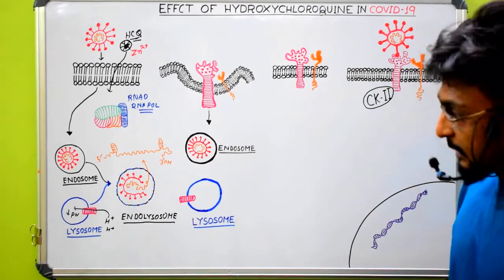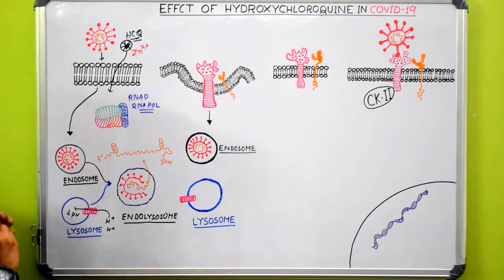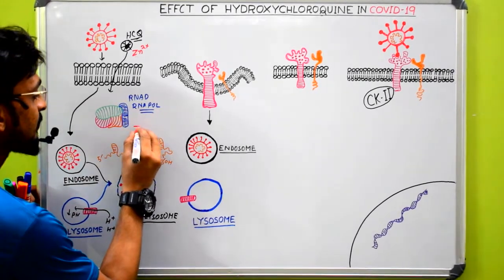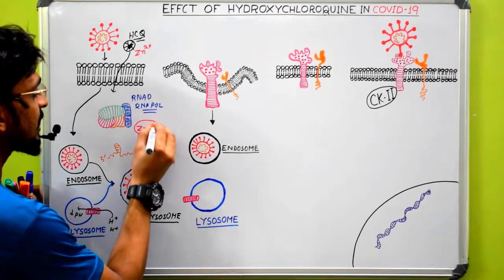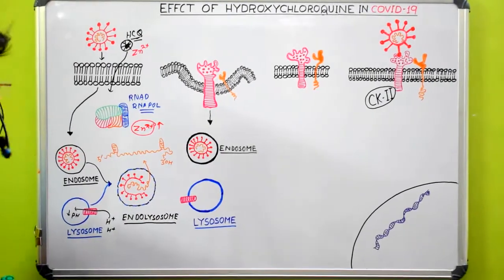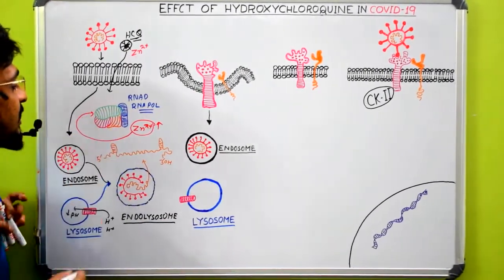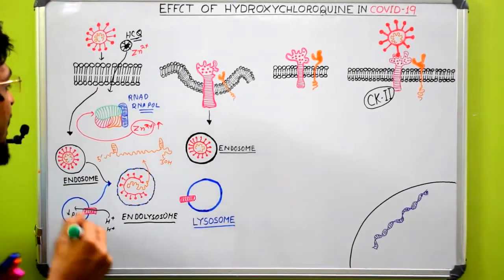As a result, the zinc ion concentration will increase inside the cytoplasm, and this zinc ion binds with the beta prime protein of the RNA polymerase enzyme.